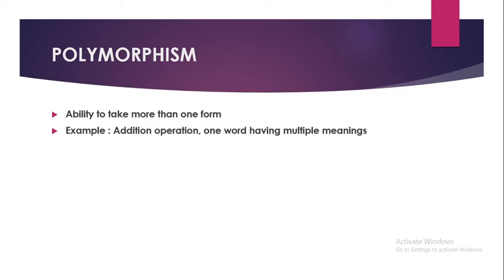Another example: let us consider there are some objects or few things in front of me. There is one boy, one fish, one aeroplane, one car. These are objects in front of me, and I am giving the command go.